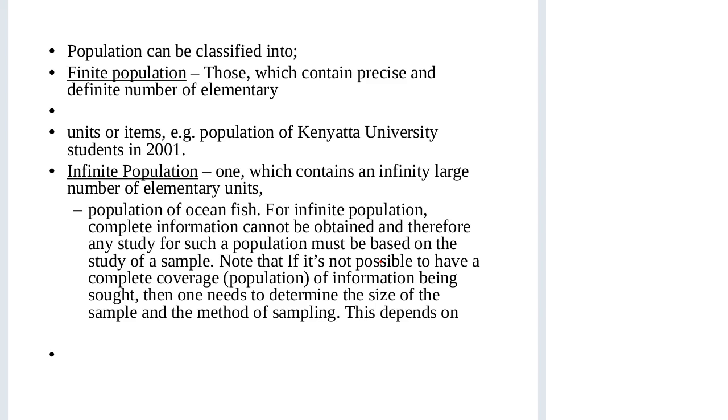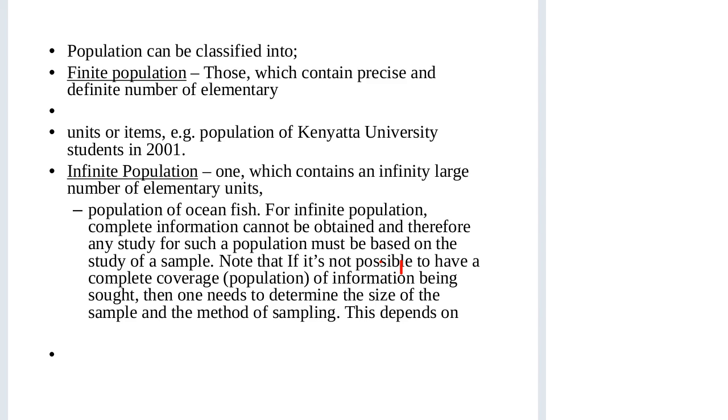But the second classification of the population is the infinite population. So the infinite population contains an infinite number of elements, which means you cannot count the number of elements in that population.